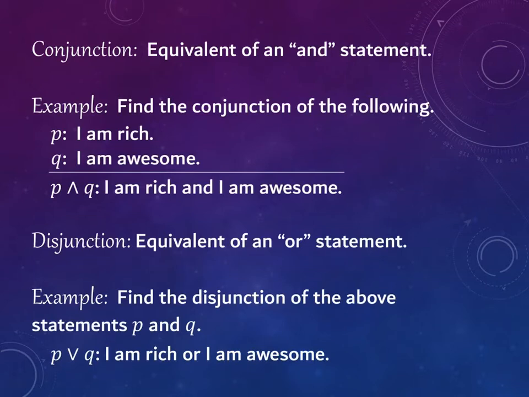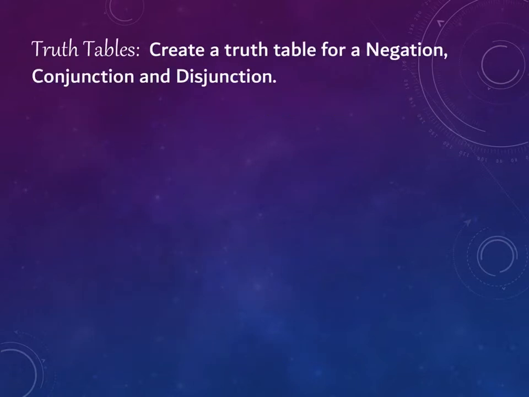Okay, so what I'd like to show you next is a way to construct a logical table for whether statements are true or false. These are called truth tables. Anyone who's helped my number theory students or contemporary math students potentially, depending on which section of contemporary math they've taken, may have seen these.